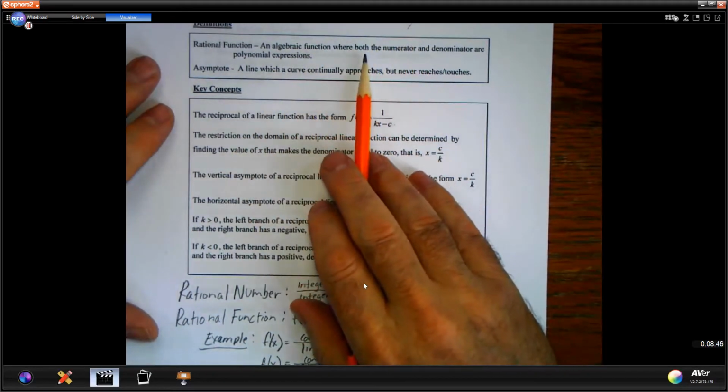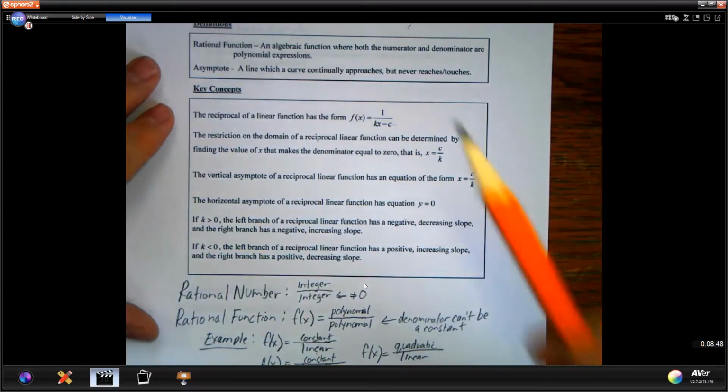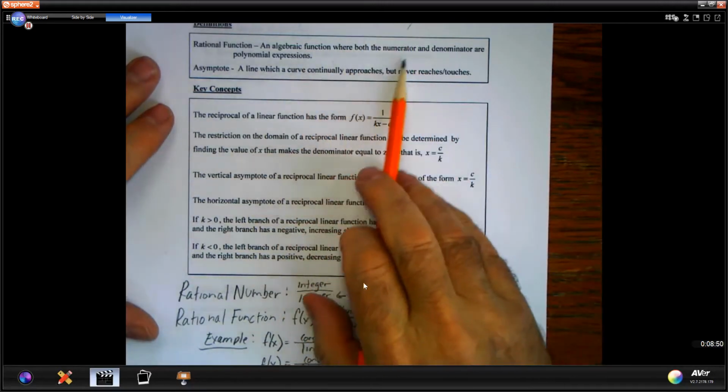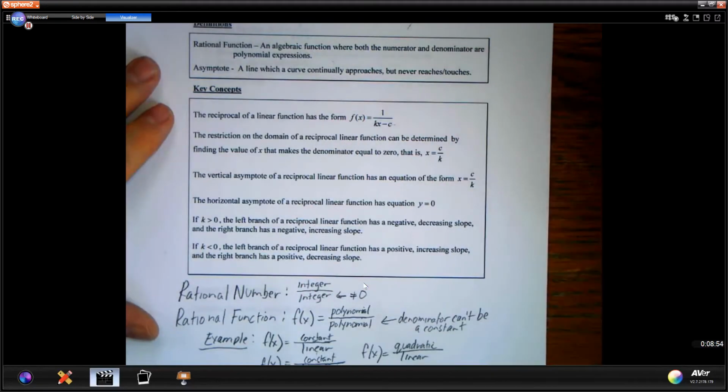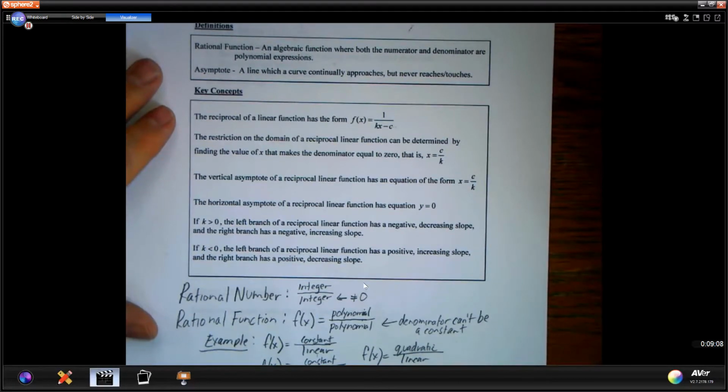now we're gonna see some strange things going on when we sketch any of these rational functions. We're going to be seeing things called asymptotes, and some of you have seen this before, some of you haven't. An asymptote could be a vertical line, call that a vertical asymptote, or it could be a horizontal line, which is a horizontal asymptote.